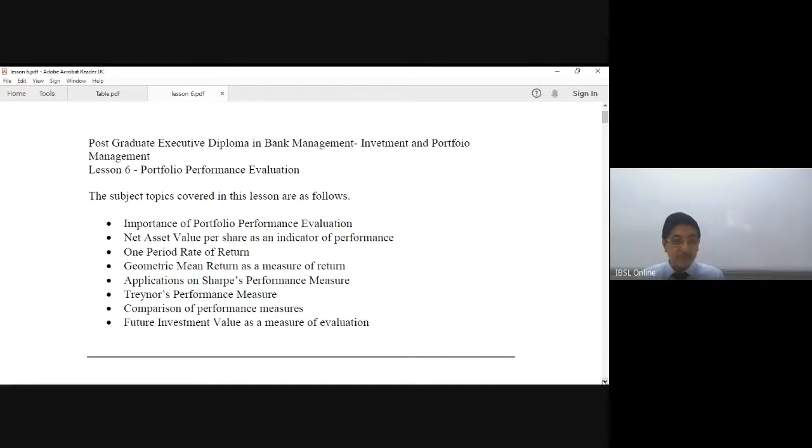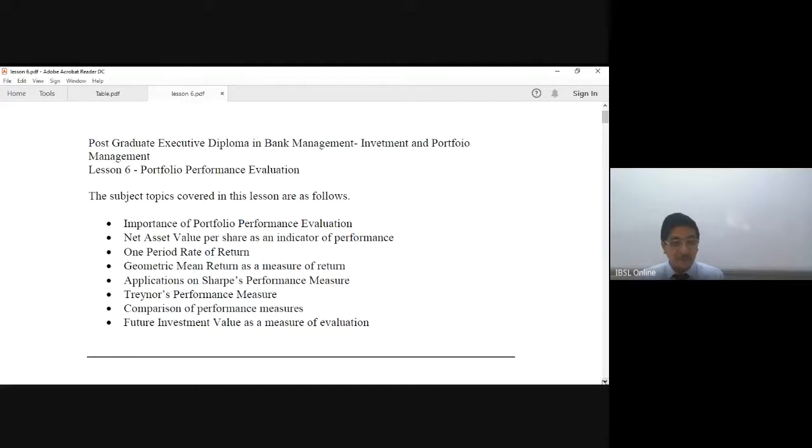Then the next indicator is the one-period rate of return. I think that we have already discussed in another subject area when we talked about risk-return trade-off. But this is the same thing we discuss here. Then you have another one called geometric mean return, and we put it in shortened form, GMR.